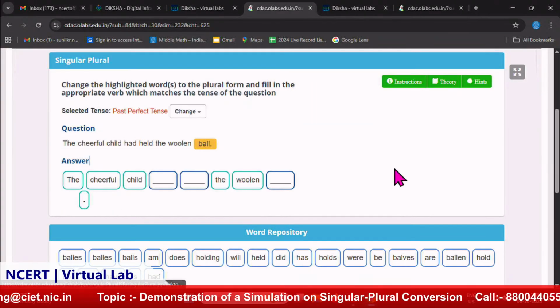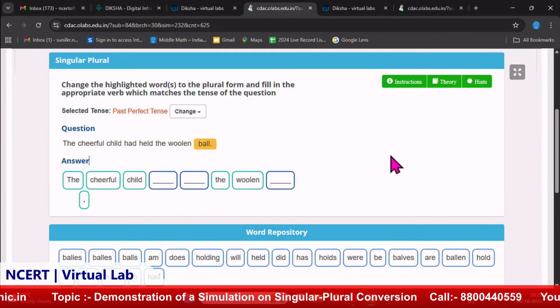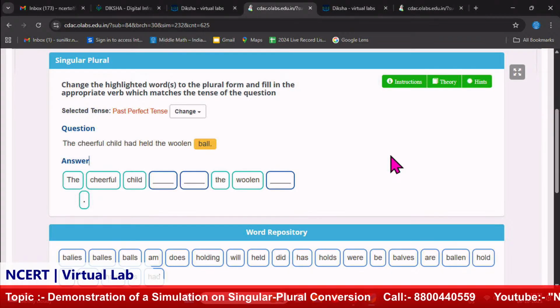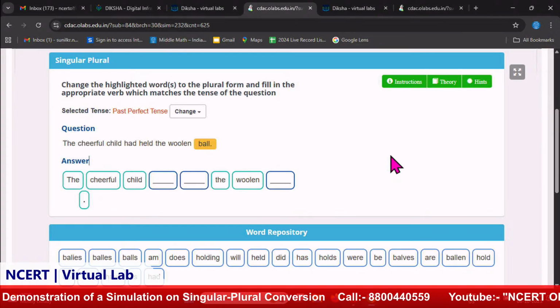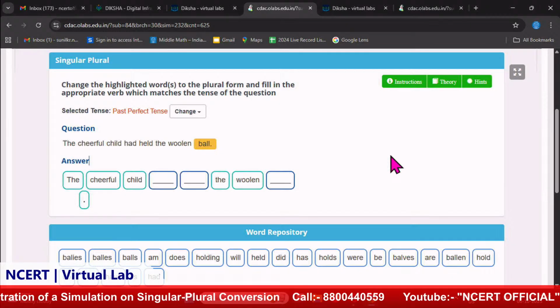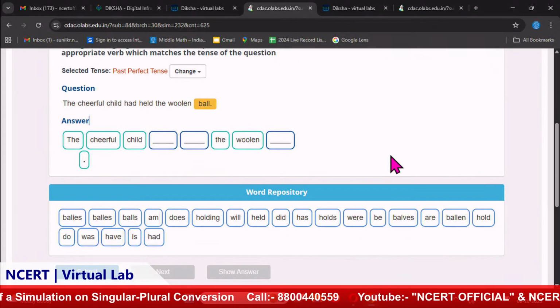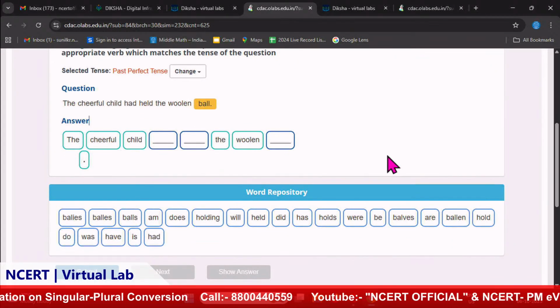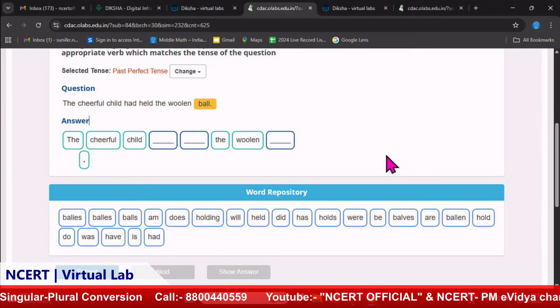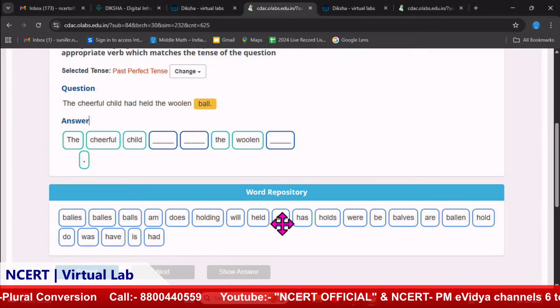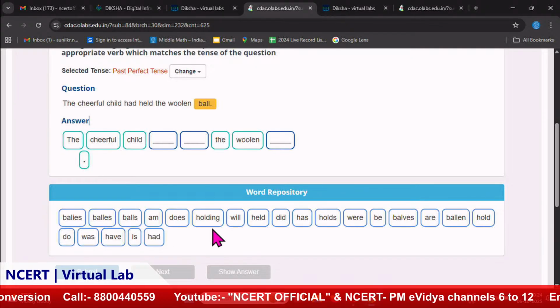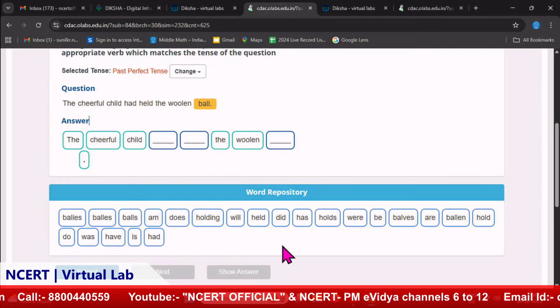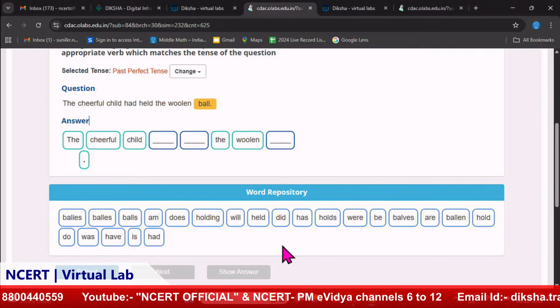Let us do past perfect tense. The cheerful child had held the wooden ball. The cheerful child had held the wooden ball. What's the change?